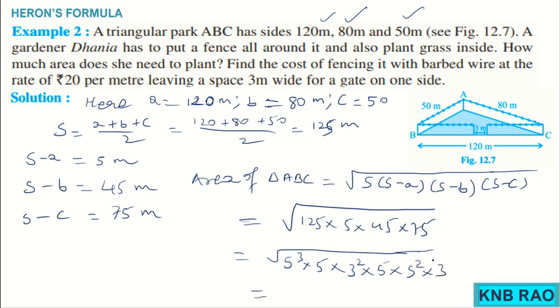That means here I have 5 multiplied by itself 3 plus 1 plus 2 plus 1, totally 3, 4, 7 times, and 3 multiplied by itself 3 times.